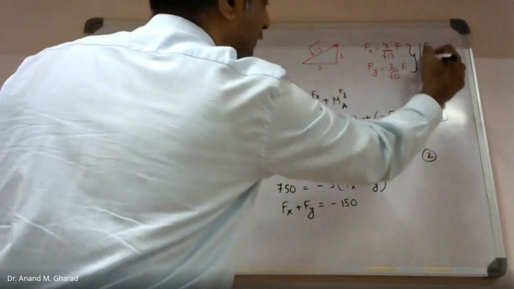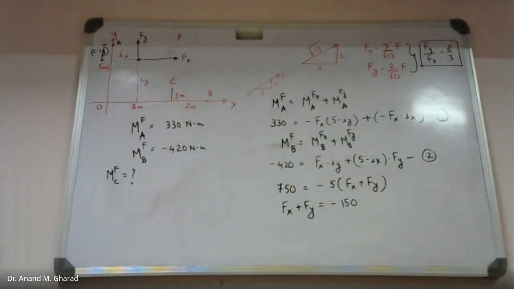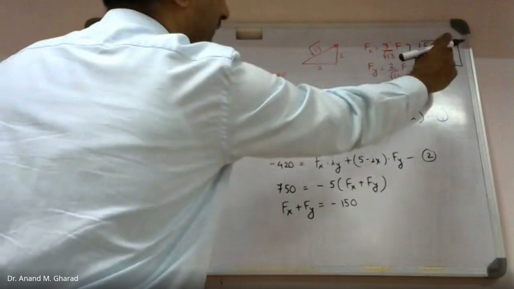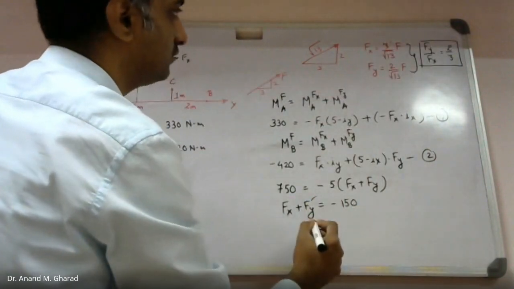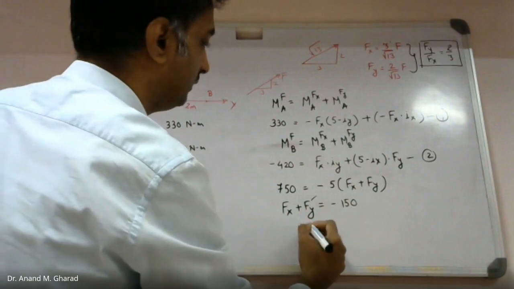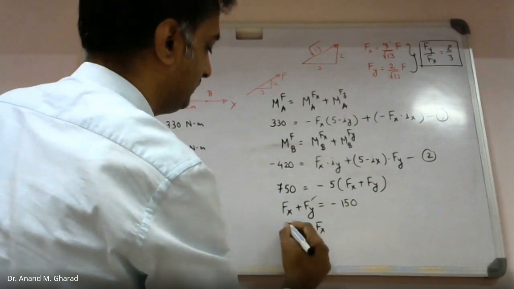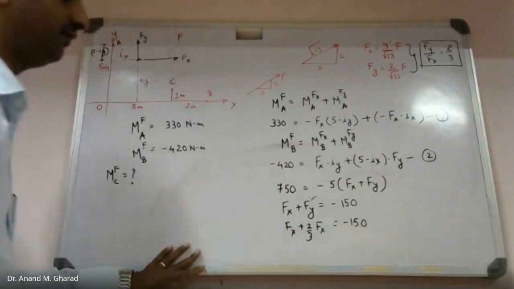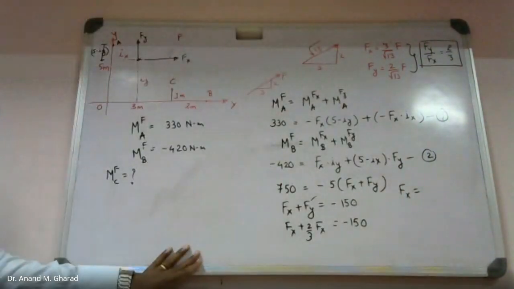So I have got a relationship in terms of slope. So from this equation, you substitute the Fy value first of all. So it comes out to be 2 by 3 Fx equal to minus 150. And from here, you will get Fx to be how much?